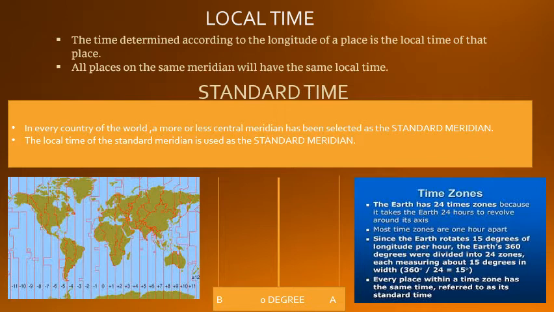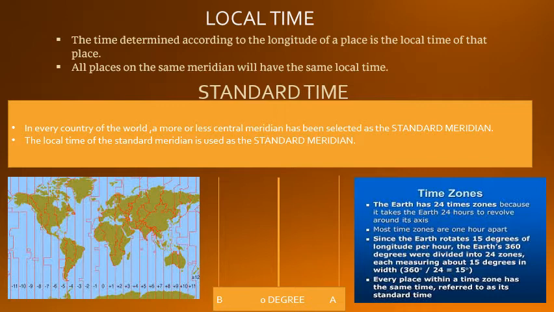At place A, the difference of longitude between A and the prime meridian is 60 degrees towards the east. Therefore, the difference of time between A and the prime meridian is 60 into 4 minutes.